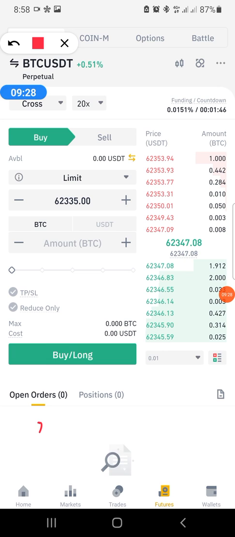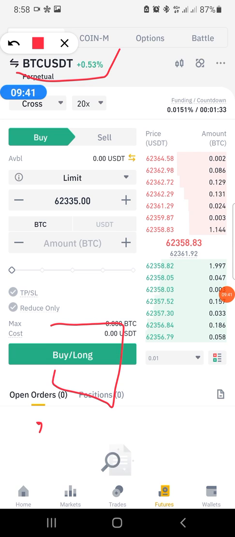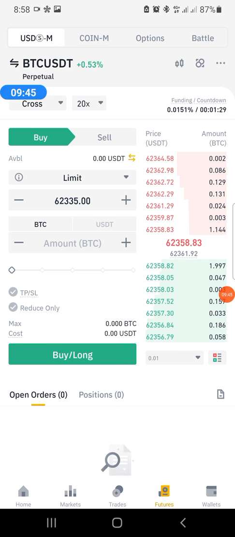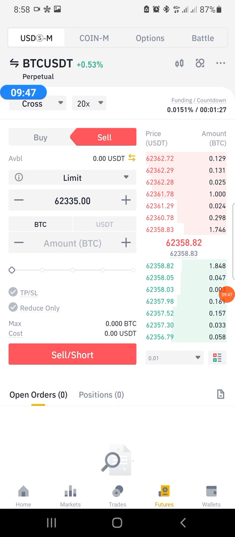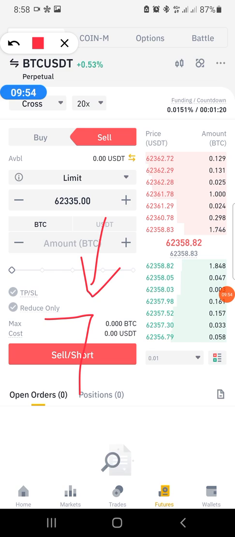Now, in futures trading, you are predicting that the price of maybe Bitcoin goes up, which is the one we call long, or the price of Bitcoin goes down, the one we call short.